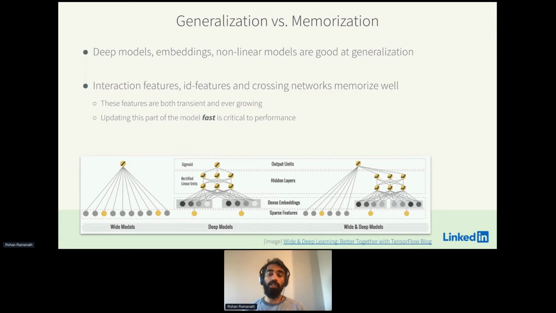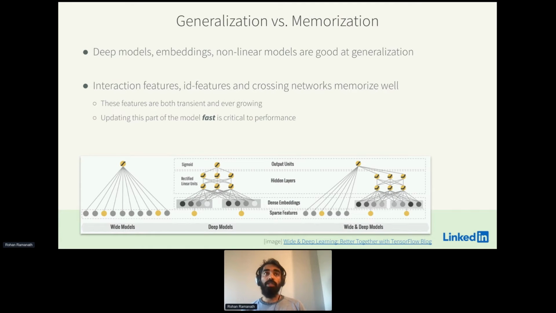And the part that's responsible for hyperpersonalization or memorization on entities are typically interaction features or ID-based features. So if you have 500 million members, if you use a unique ID for each member and you learn something that is personalized to that member, you tend to memorize what the member is doing on the site. And so that's what I mean by the memorization aspect.